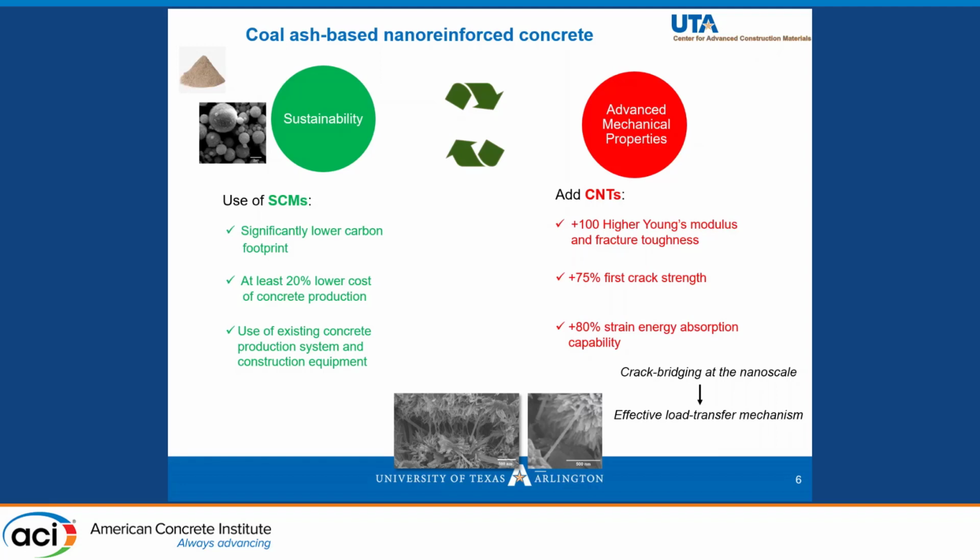At the same time, if we use highly dispersed carbon nanotubes in the cementitious matrix, we know that the carbon nanotubes can act as bridges across pores and cracks, resulting in unprecedented increases in mechanical properties.